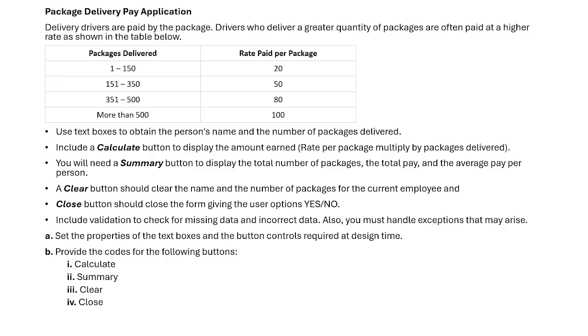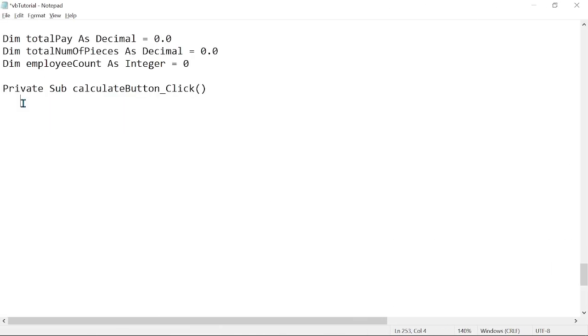So let's get into the code again. Now we can proceed with the calculate button. And with the calculate button, we are going to need a few local variables that will work inside the calculate button. So we create a variable to store the employee's name.